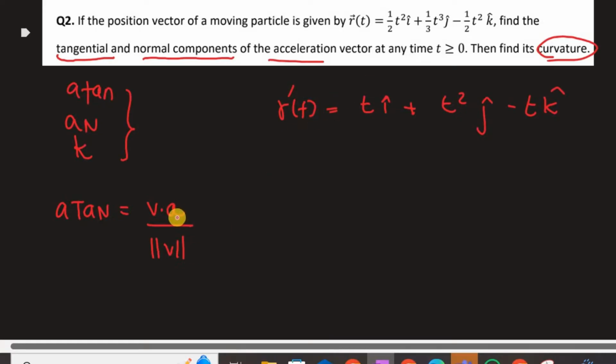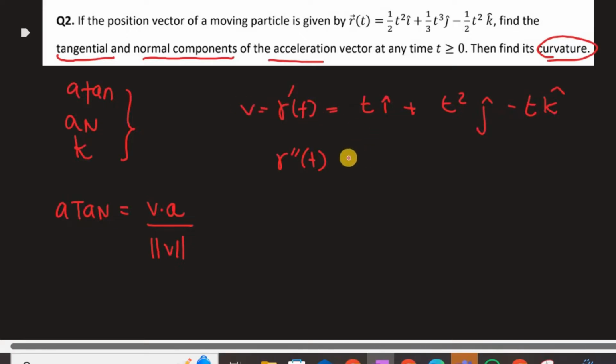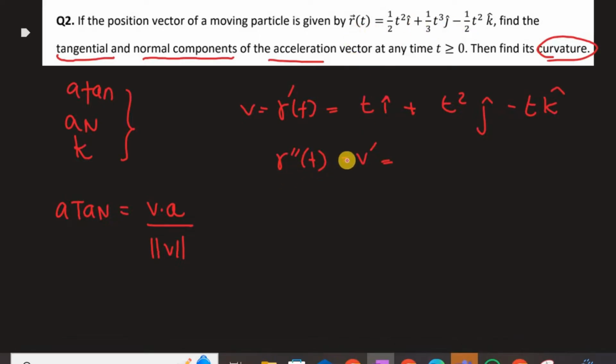Now if you want to find the acceleration, we can simply take the second derivative of the position vector, or you can derive the velocity vector once, since it is the derivative of position as well, right? You can simply take the first derivative of the velocity or the second derivative of the position vector in order to get the acceleration. Okay, so we're gonna go ahead and take the first derivative of the velocity since we already have it.